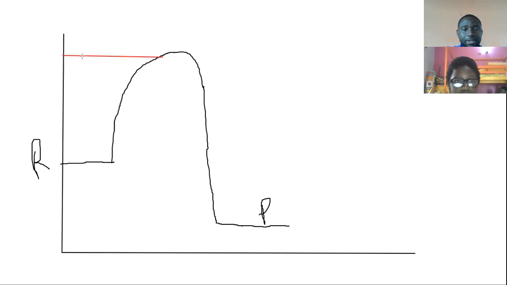Let's call this the activation energy, the energy that must be overcome. Right. Now, this is what a catalyst does.